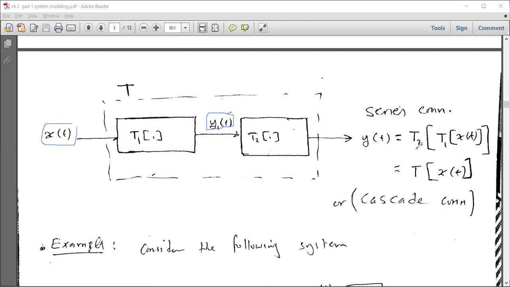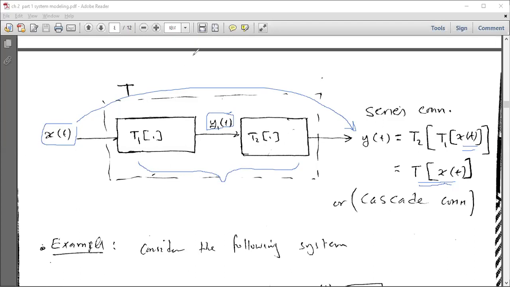Then we can write the system as transfer 1 of x of t, and this is the overall connection, transferring x of t into y of t through two series-connected systems. This is just a simplification of the system in order to understand how it behaves, decomposing the system so you can study each part as an easy system.